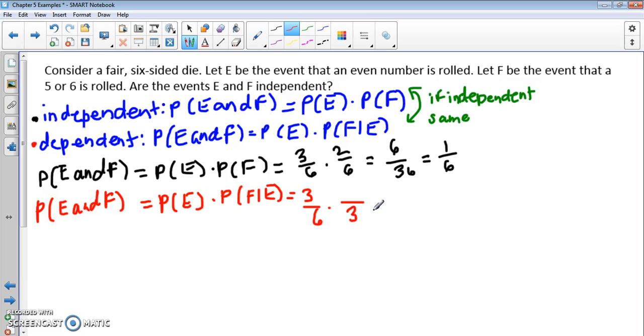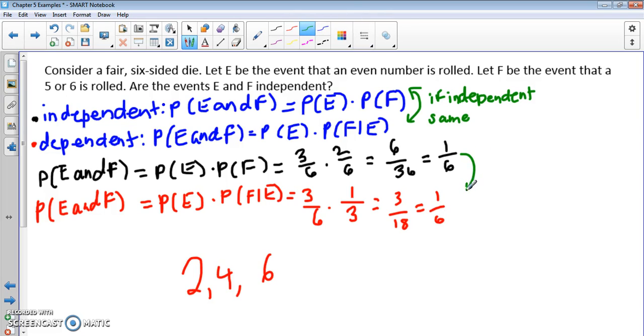So now we only have 3 outcomes, right? So that we either roll a 5 or a 6 out of the even numbers. So think about our even numbers are 2, 4, and 6. What's the probability that we get a 5 or 6 out of that? Well, that's 1 out of 3. So when we do this here, we get 3 out of 18, or 1 out of 6.